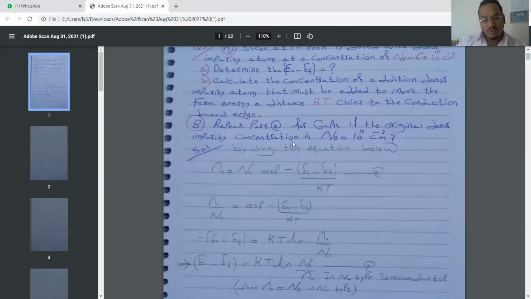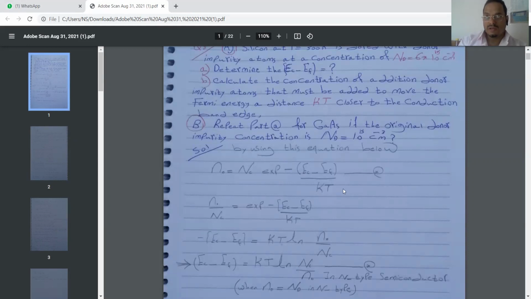Let's solve it. We will start from this general equation: the concentration of electrons at the conduction band equals the effective density of the conduction band times exponential minus the difference between the Fermi energy level and the conduction energy level, divided by kT. k is the Boltzmann constant, and when T is room temperature, we calculated this result before.